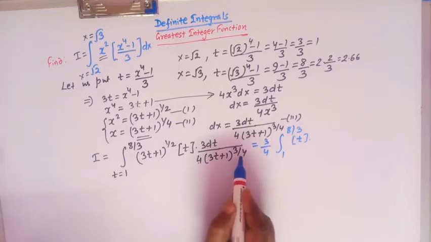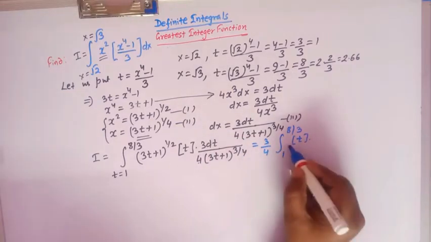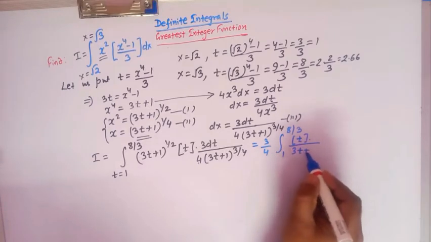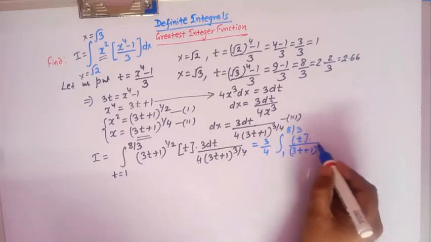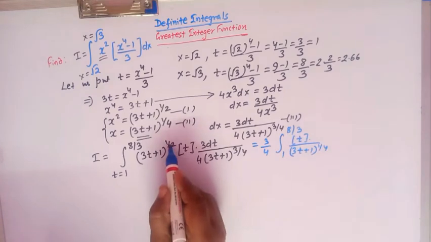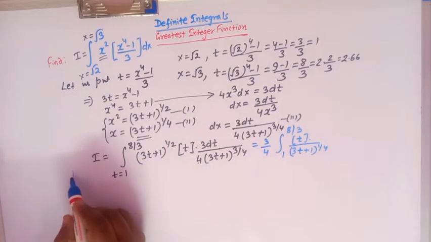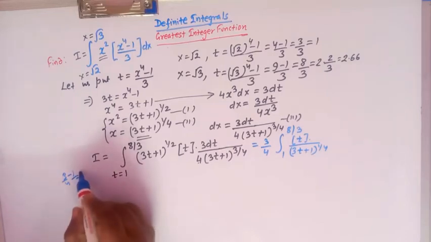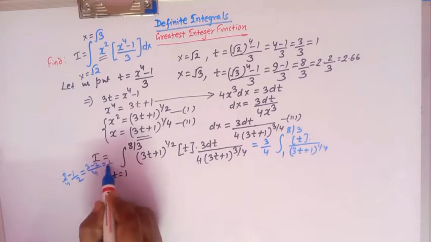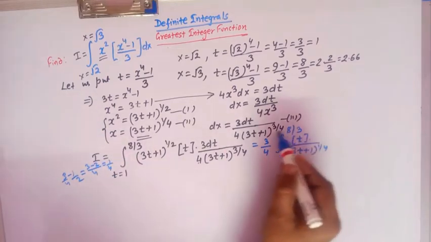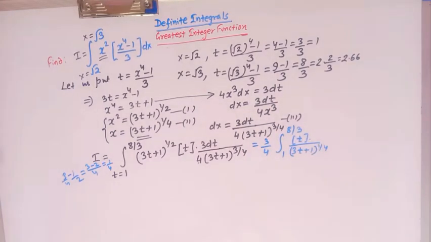It gets simplified to (3t + 1)^(1/4) in the denominator, because the half is taken to the denominator, so we have 3/4 minus 1/2, that is 1/4, right? So now we have this integral, right?